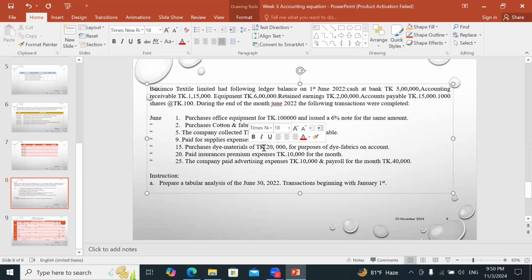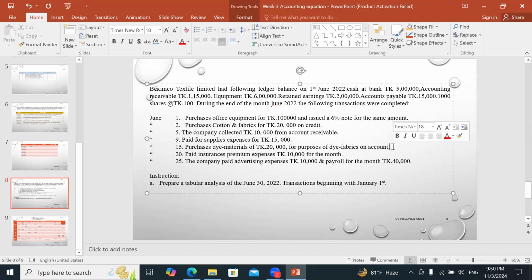So asset increases 20,000 for dyeing fabrics, on account. On account means payment in the future, one credit.